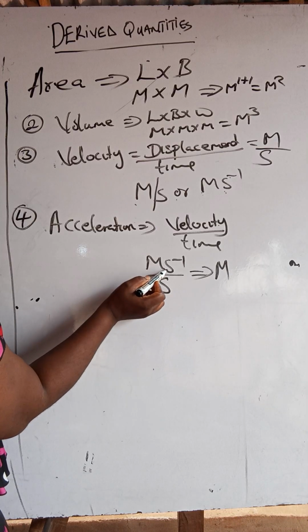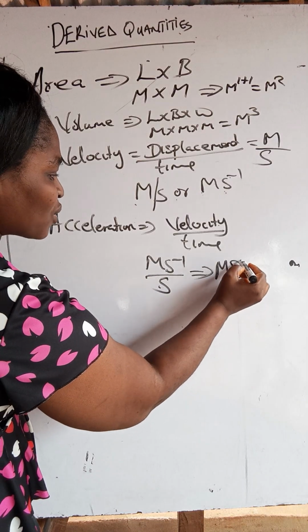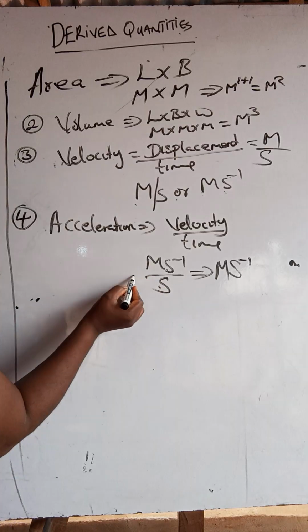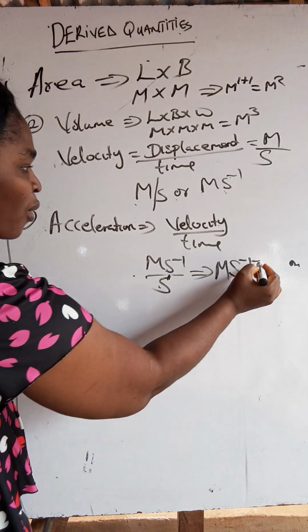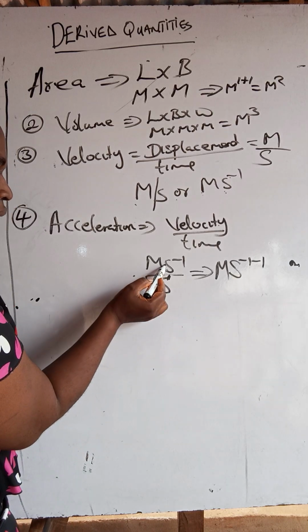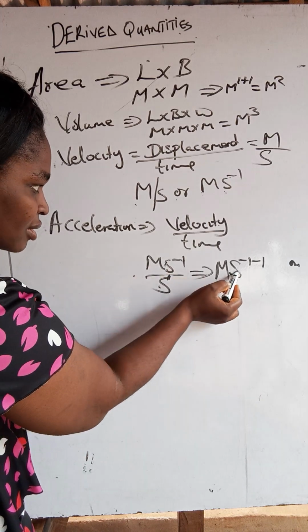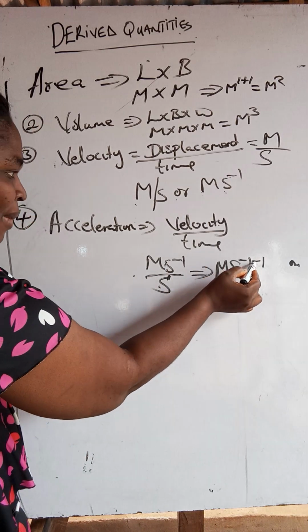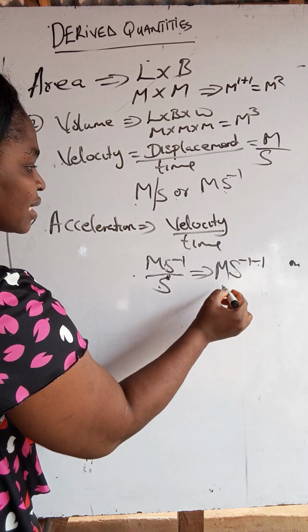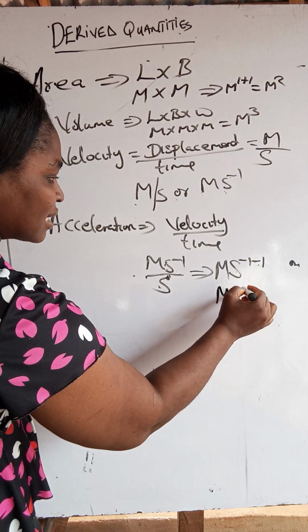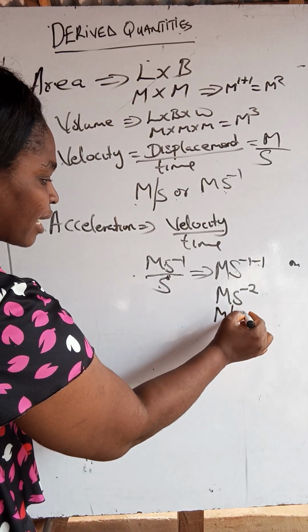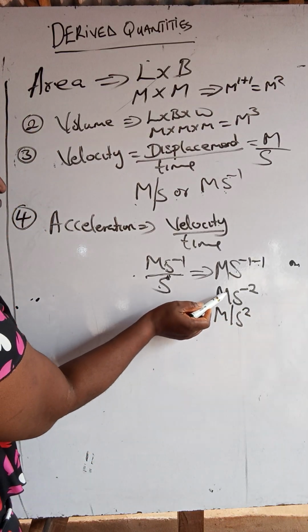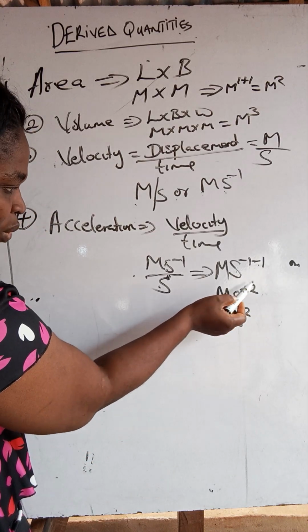The 2 seconds have partners. We have seconds raised to power minus 1. Because of division, we have minus, then bring up the power of this 1. Remember, seconds per second, because of division, minus, and we bring up this, and that gives us meter seconds raised to power minus 2, or meter per second square. You pronounce meter per second squared.